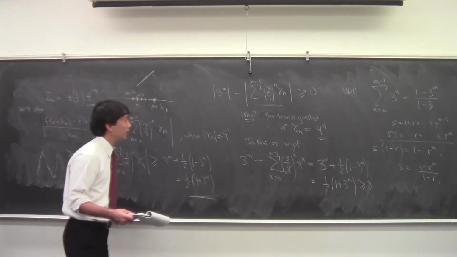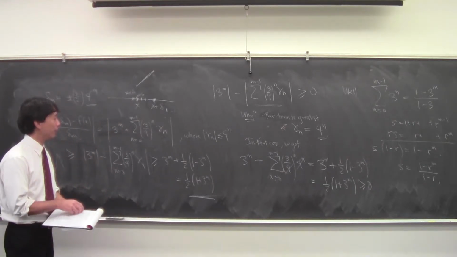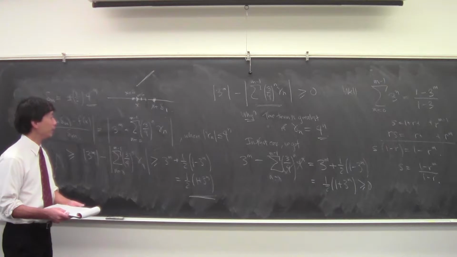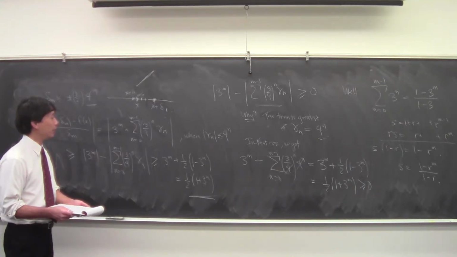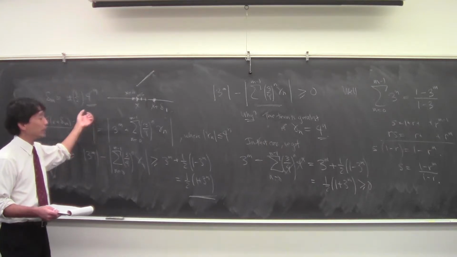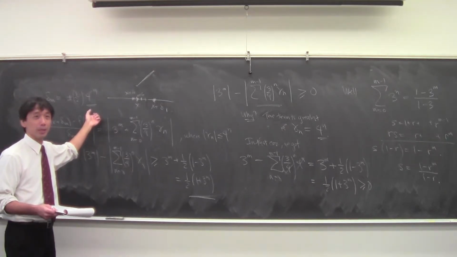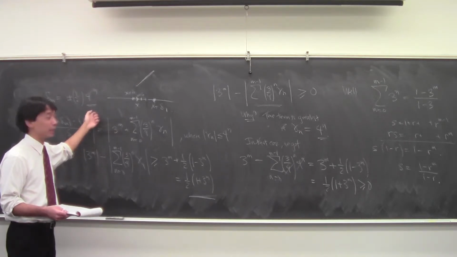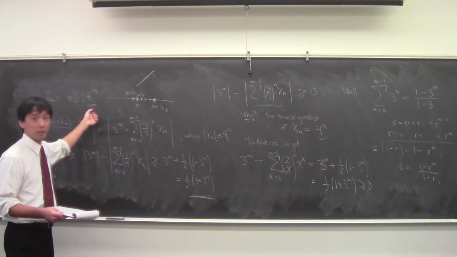Okay. So you see that this was a pretty cool application of a lot of ideas. Uniform convergence, right? We needed the uniform convergence. The reason that we know this is continuous is because we have that theorem about uniform convergence of continuous functions. We're taking a sum of continuous functions, so this is going to be continuous.